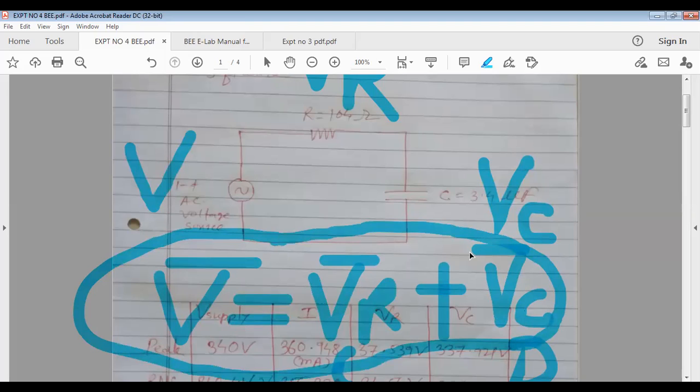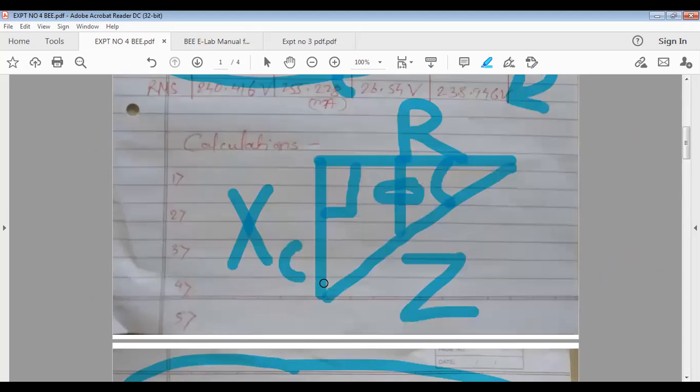AC has magnitude and direction also, and they are not constant; it is changing continuously. So whenever you apply KVL, you can't write the KVL equation only in terms of magnitude. You have to consider the angle also, its direction. That's why the phasor sum of VR and VC is the total voltage V. So you have to use this equation in the phasor diagram.